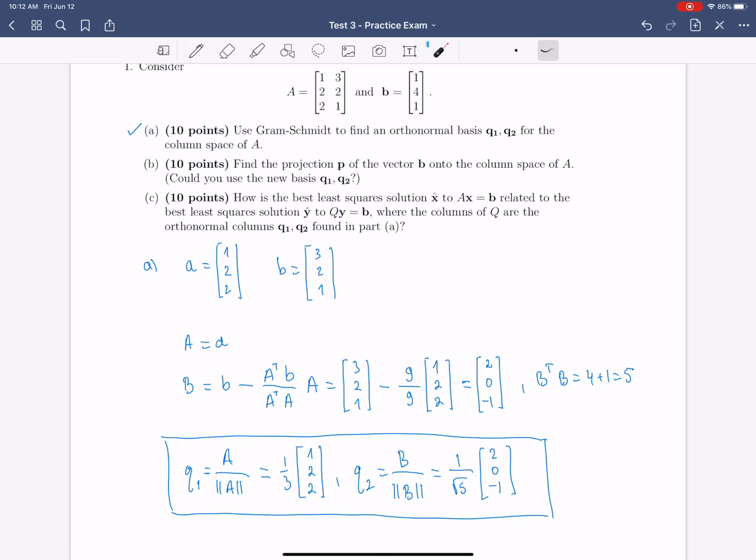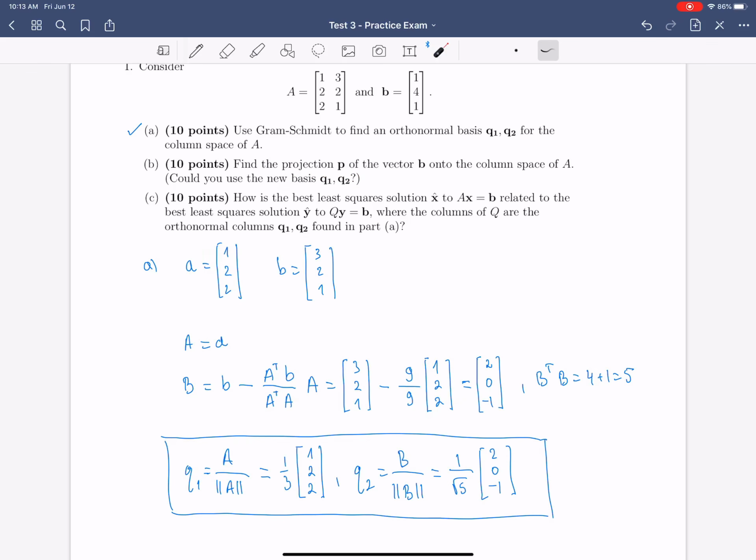So you see, the column space of A is exactly the span of Q1, Q2. It is also the span of A and B here, of the two columns, right? But it is also the span of these vectors. So I could use either basis for my column space, for the column space of A, and I could use either basis to find the projection matrix.